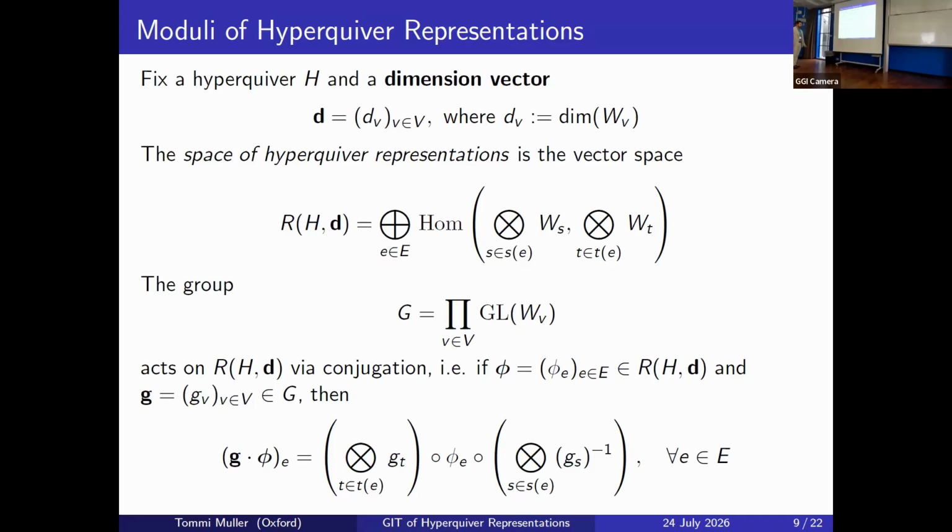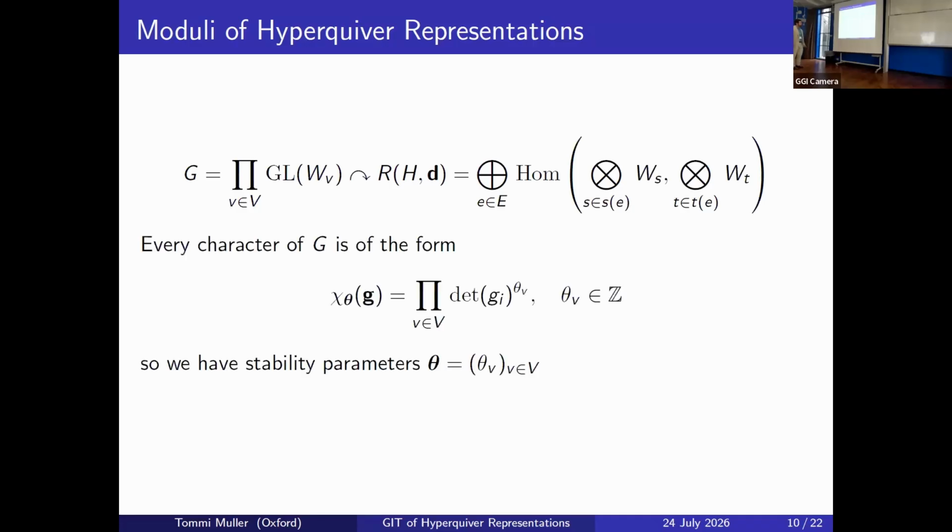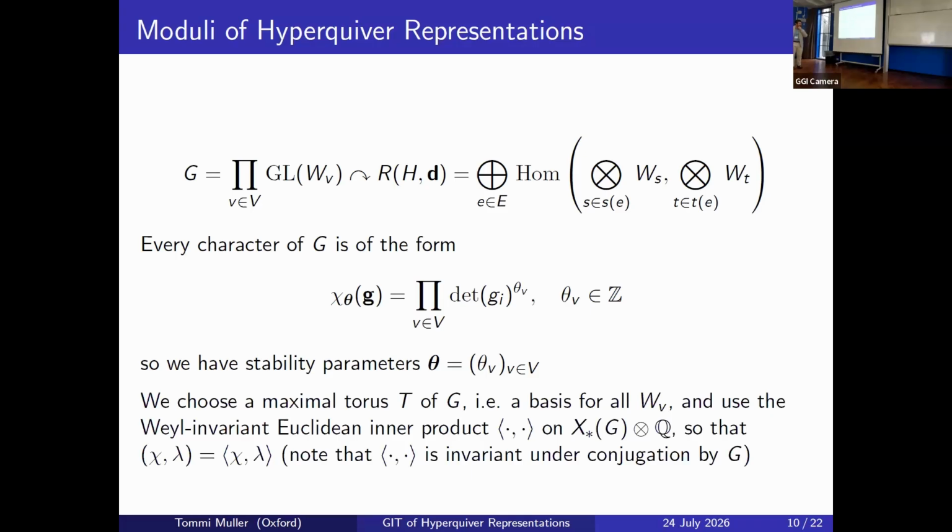And just like we discussed before, every character of a product of GLs is just a product of determinants to some power theta B, where theta B is an integer. And so this time we have a list of stability parameters, theta. Lastly, we can choose some inner product on the one-parameter subgroups.